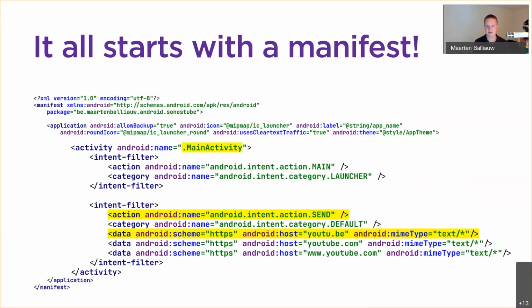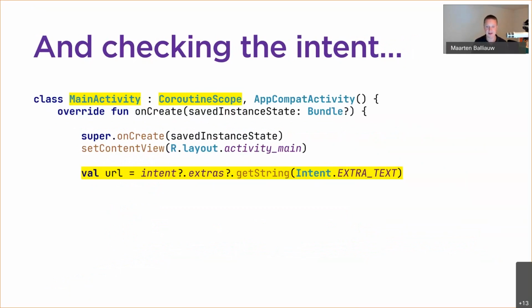Doing that, I was able to get back the intent, get back the URL from the YouTube app after I clicked on share. And I found that in my main activity, I could essentially just use the intent property, look at the extras, get a string, and get the extra text of that to get the URL from YouTube.